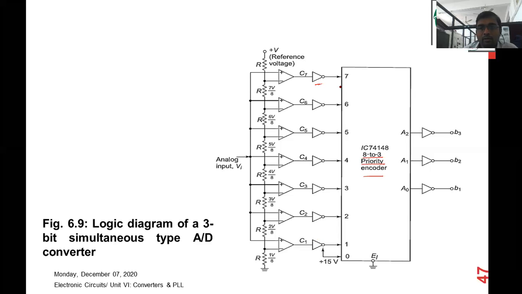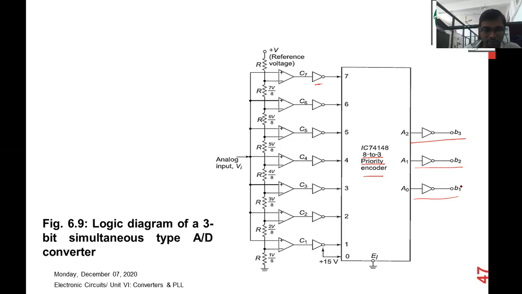In this way, all 8 inputs of this priority encoder receive an active low input, and then the output would be inverted to active high and appear as the digital output through V3, V2 and V1.